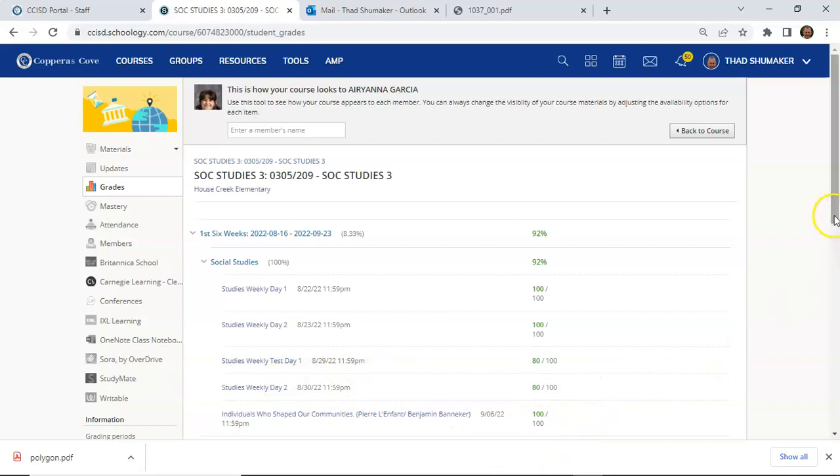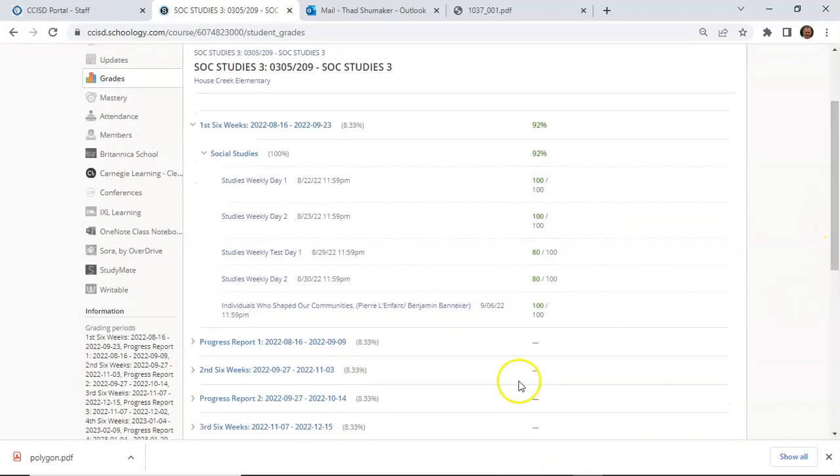If there's a blank spot next to one, that means that assignment is not completed yet. We're not worried about these down here, that's progress report and second 6 weeks. We're not in that area yet. You're just looking at all the assignments that are listed, to see if there are any blank spaces. If there are blank spaces, that means you're not done.